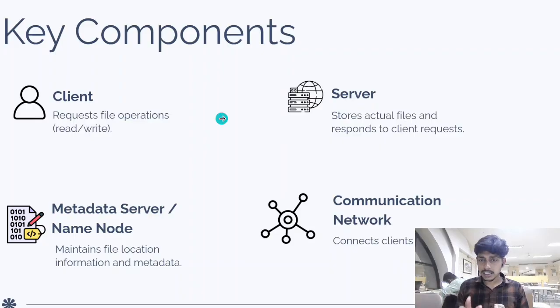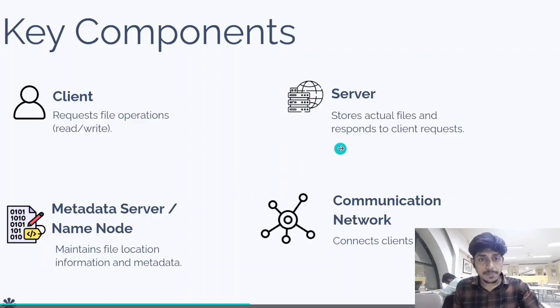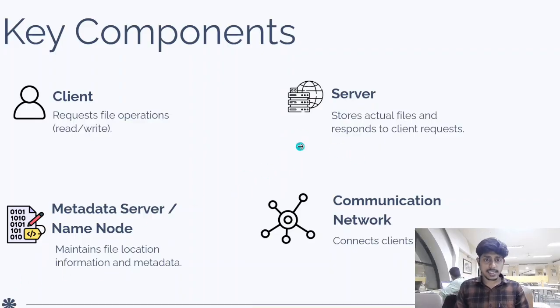The metadata server doesn't store any book, any file itself. It stores information about the book, like about the file in our case, and it will give us a specific path to that file. Like, where is the file located? As the slide shows, it maintains the file location information. When a client says, I want file.txt, it first asks the metadata server.